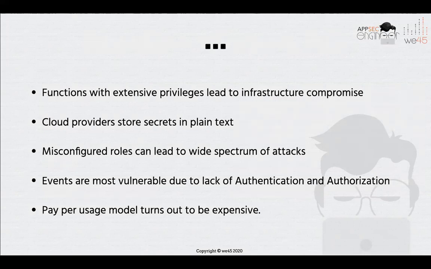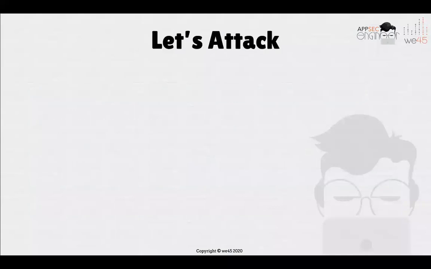So once a particular service is compromised, they will be able to gain access to other services also, because there are various roles connecting to other services. That's the reason your pay-per-usage model will also turn out to be an expensive one.